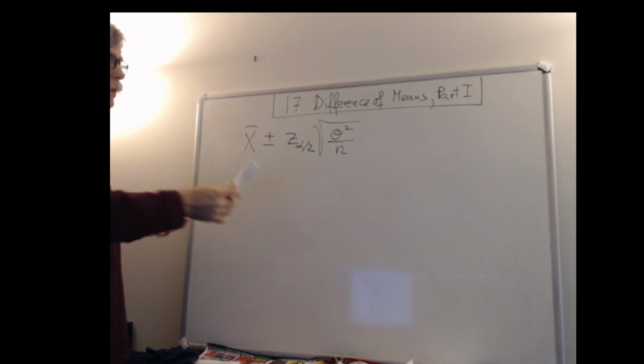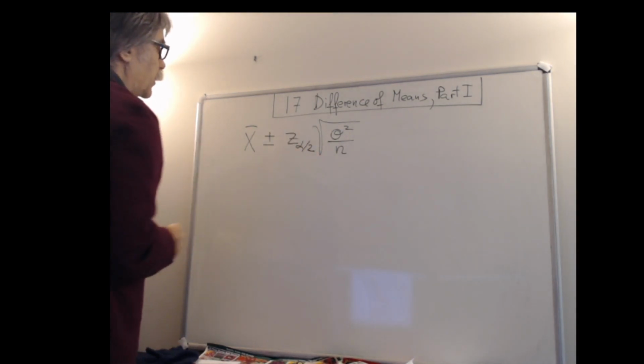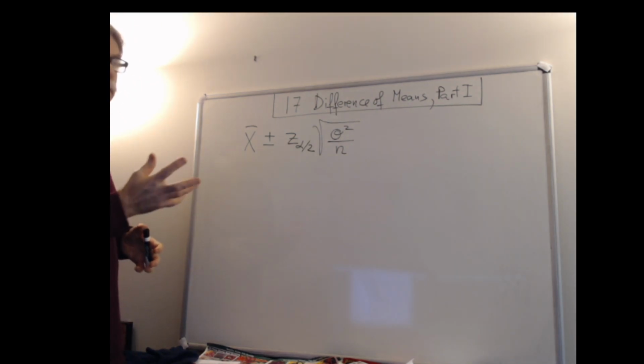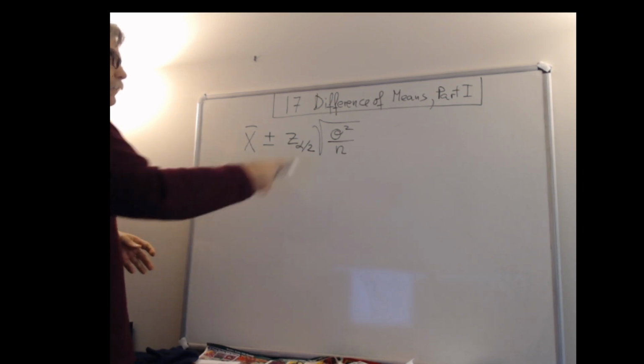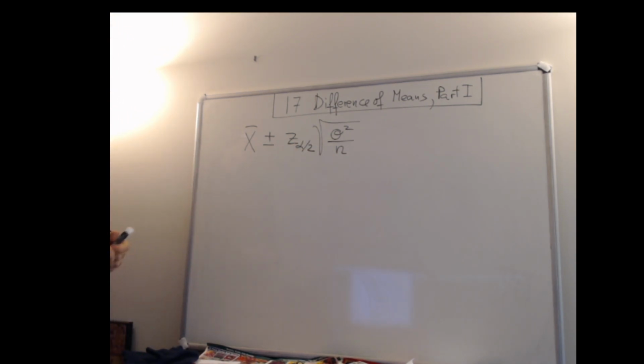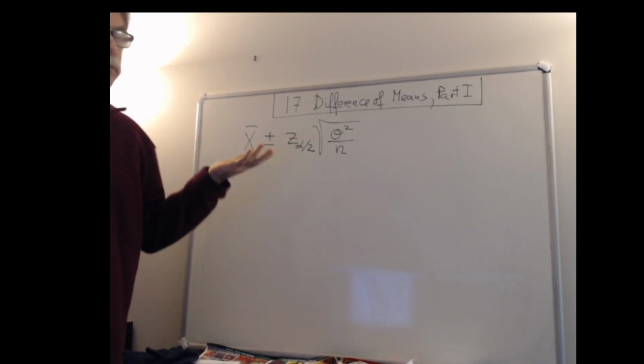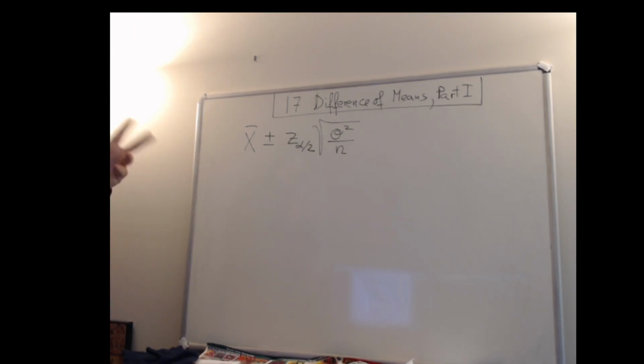In this particular estimate, we said you need to know the population standard deviation of the variable you were estimating the mean of, and obviously you would know the sample size, and the critical value depends on the particular level of confidence you want.